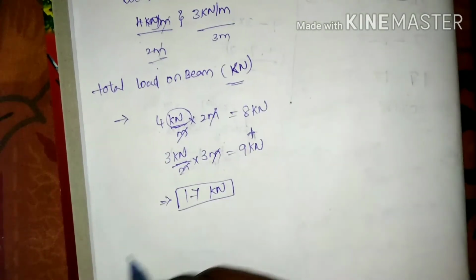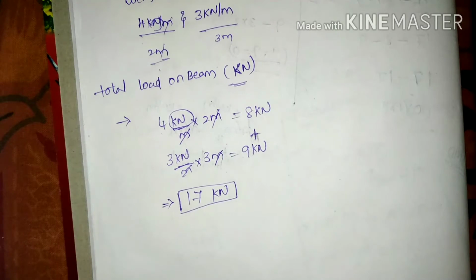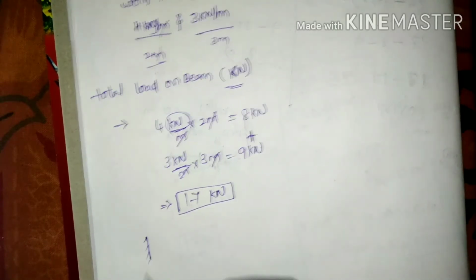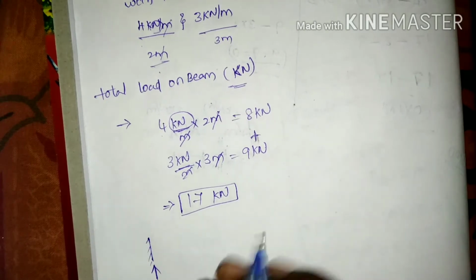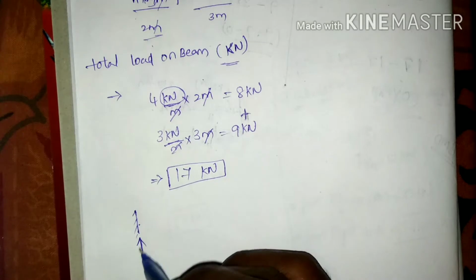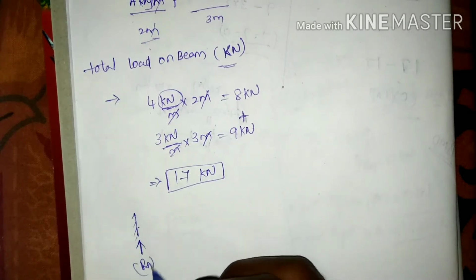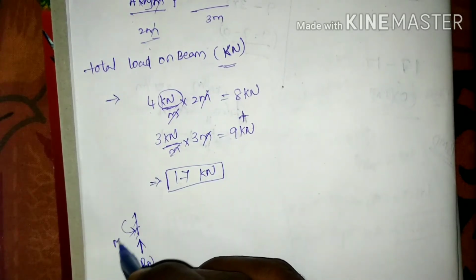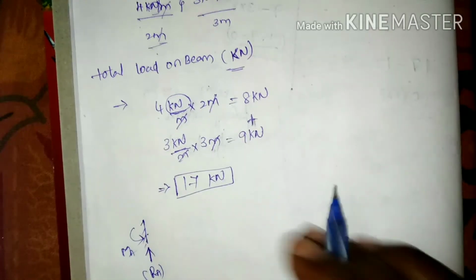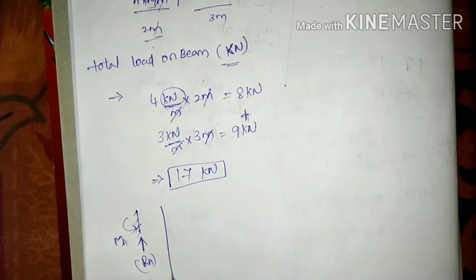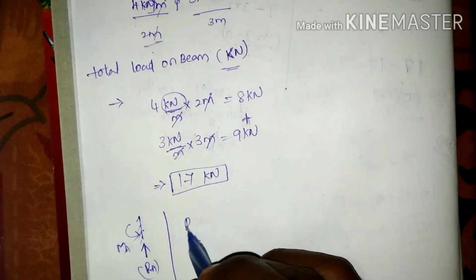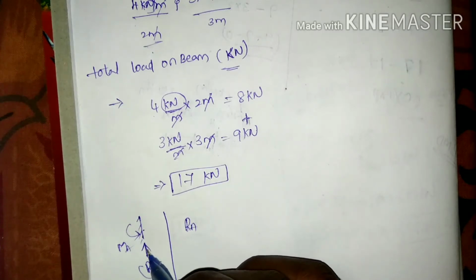Next, number 3, equating upward reactions to downward reactions. As we knew earlier, for the fixed end of the cantilever beam we have only one reaction, RA, and one moment about A. While equating, we only have the RA reaction in the upward direction.